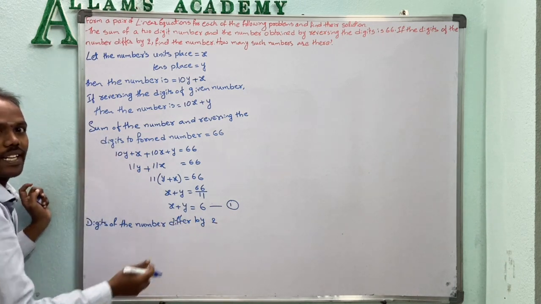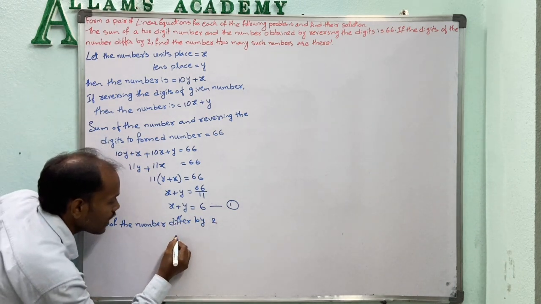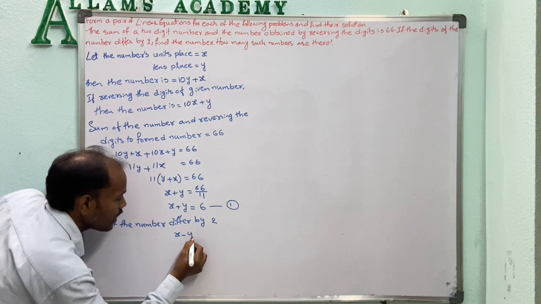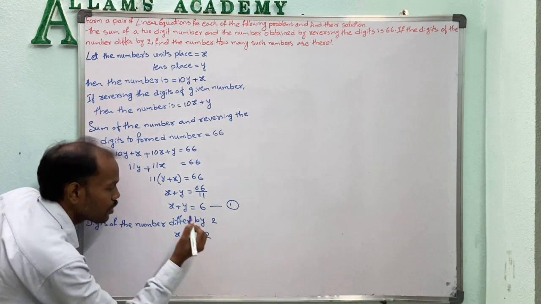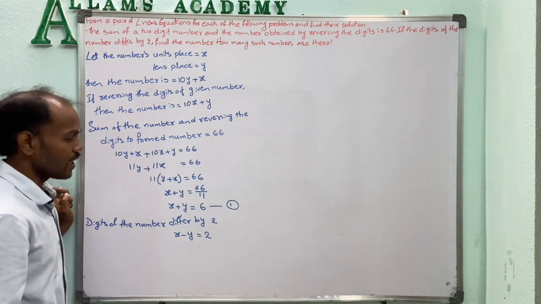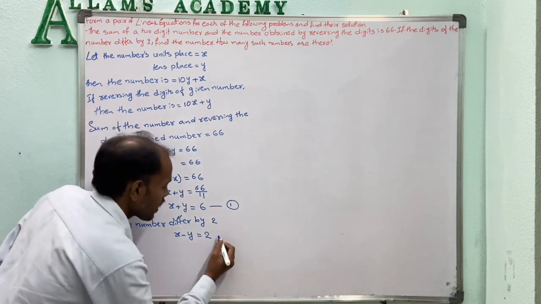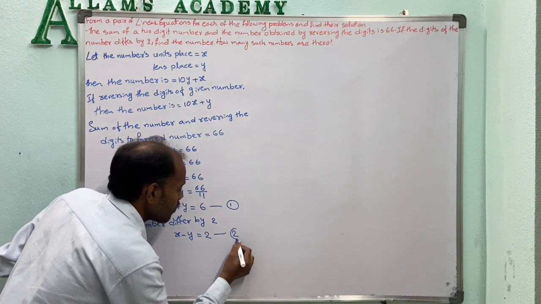So it will be written as an equation: x minus y equal to 2. Now the second equation came.